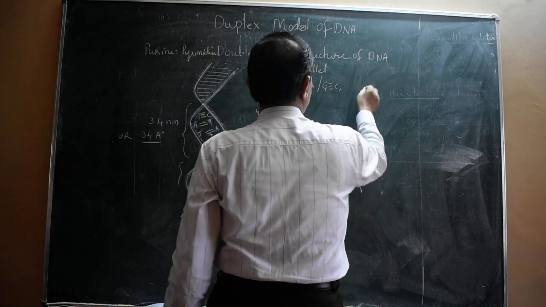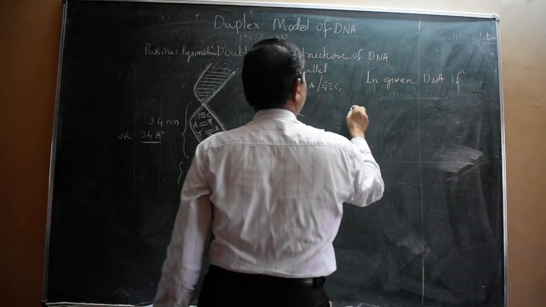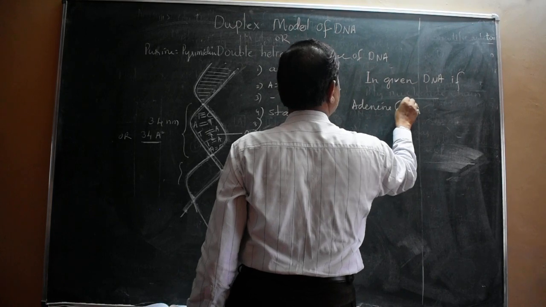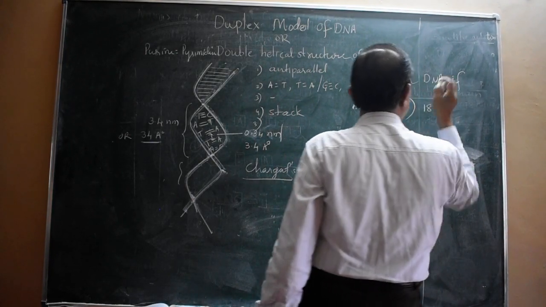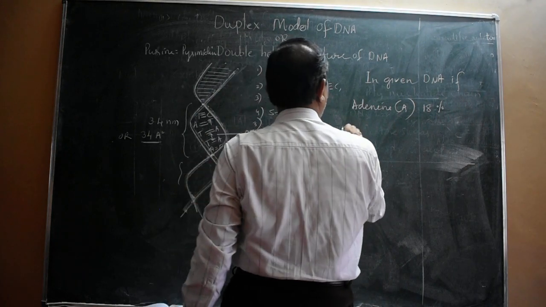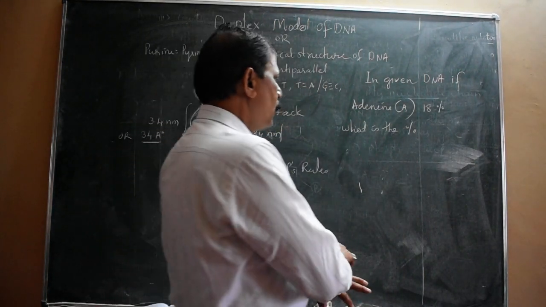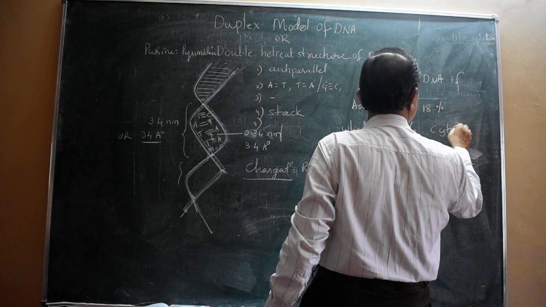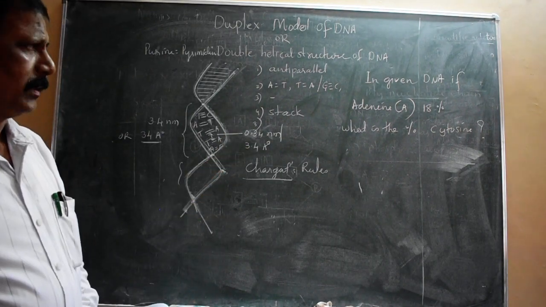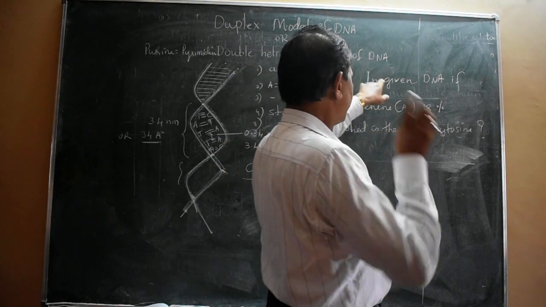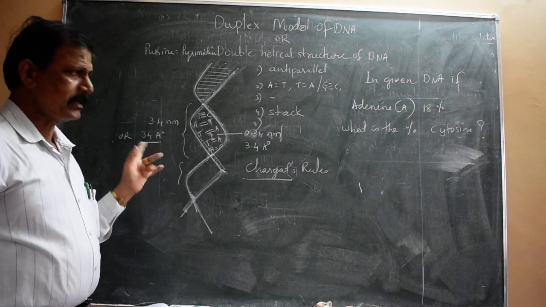In a given DNA, if adenine is 18%, then what is the percentage of cytosine? You read the question. In a given DNA, if adenine is 18%, then what is the percentage of cytosine?